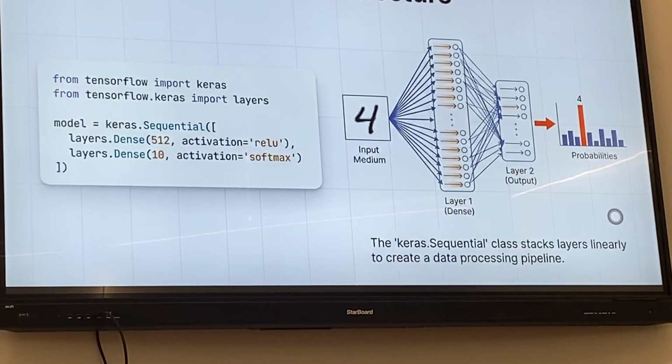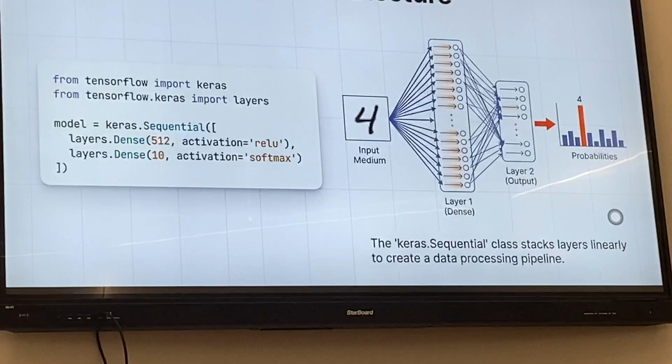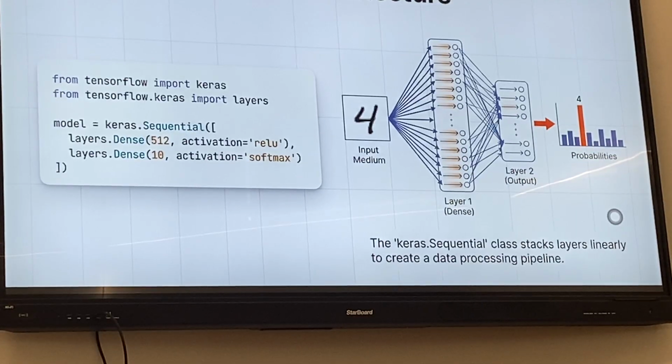Now, can you tell me what 512 is? We have parenthesis 512, comma, activation.